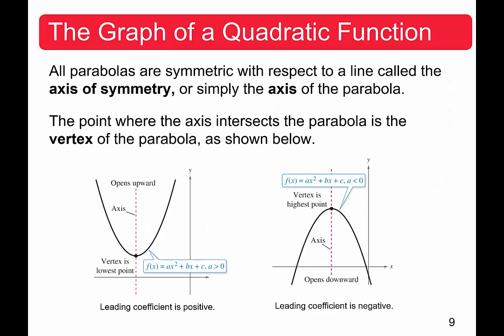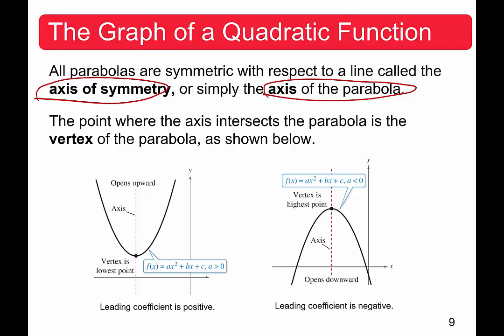Now, every parabola has a line of symmetry, which we call the axis of symmetry, or you can also call it the axis of the parabola. The point where the axis of symmetry intercepts the parabola is the vertex of the parabola.